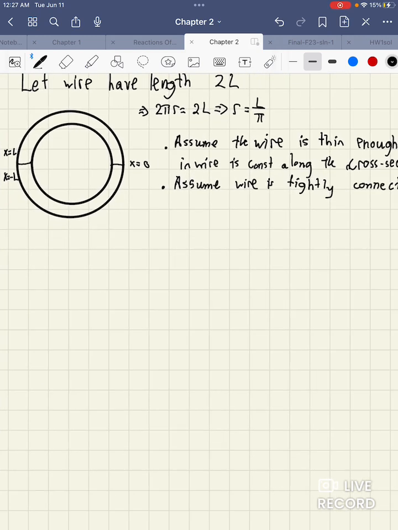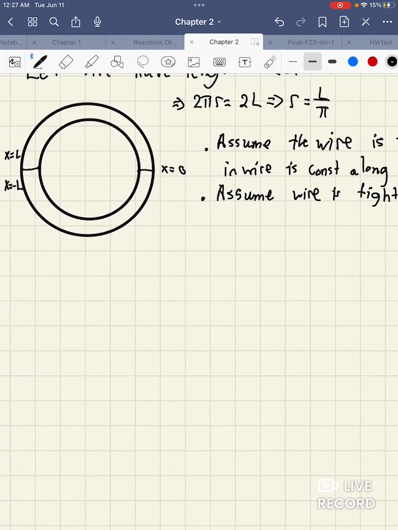Now let's create our PDE. Again, heat is flowing and the temperature is changing, with respect to time or along the position.